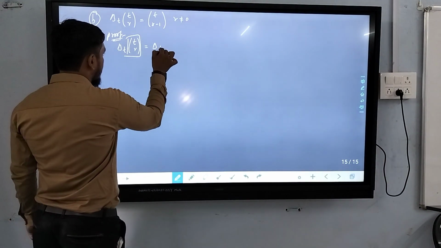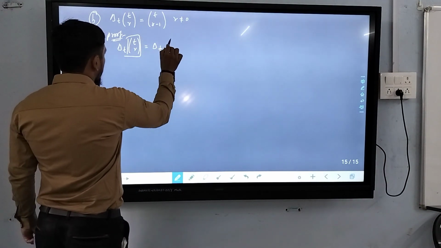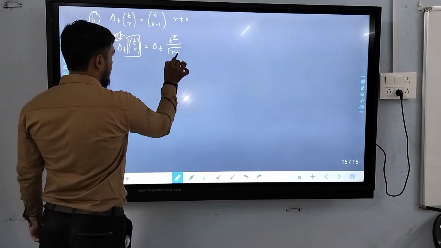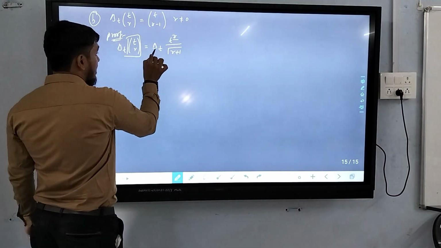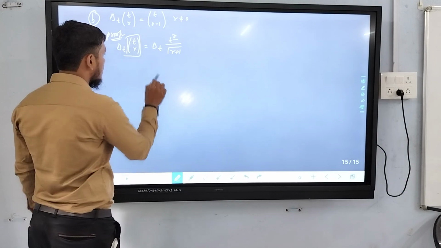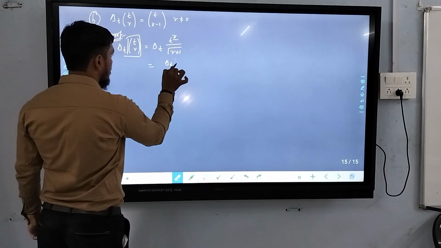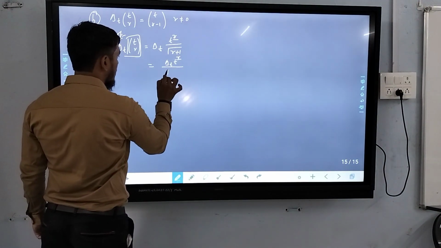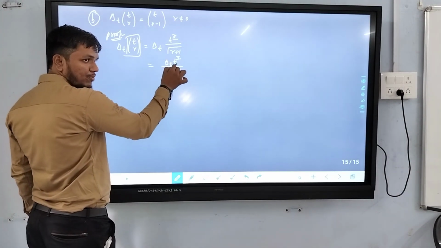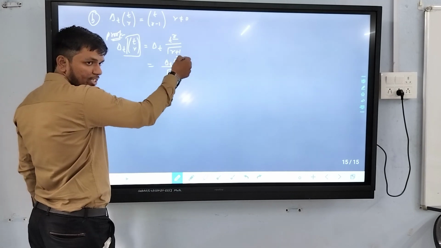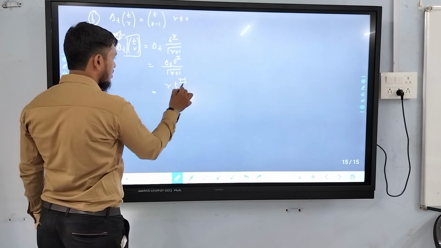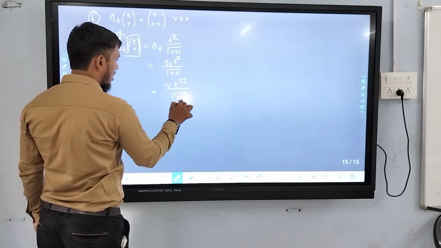So here it is, this delta t as it is, and this is what? T to the r falling upon gamma r plus 1. This delta is operated on t, so gamma r plus 1 is treated as a constant. In the first part we found delta t to the r falling, which is equal to r t to the r minus 1 falling upon gamma r plus 1.